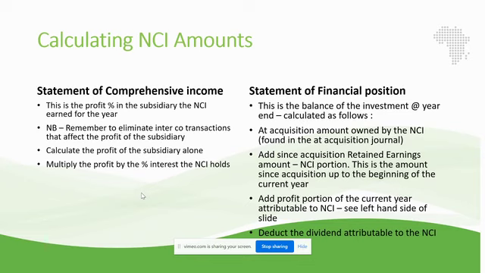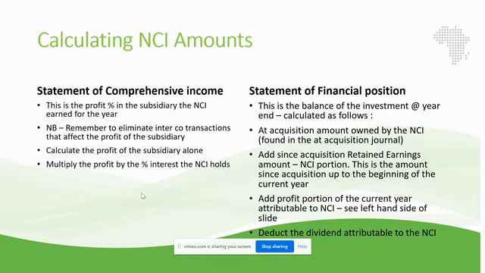The at acquisition amount, remember we talked about the first pro forma journal, it's going to be found there. We would then add any since acquisition retained earnings, only your NCI portion or percentage, right? That amount is any retained earnings that have built up in the subsidiary from the time we've acquired it, which is probably 2 or 3 years down the line, right till the beginning of the current year.